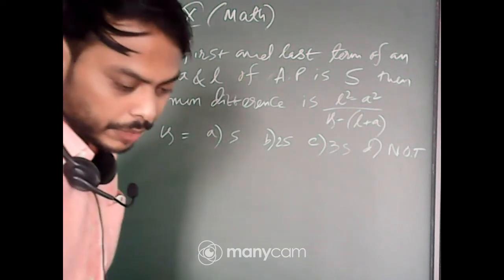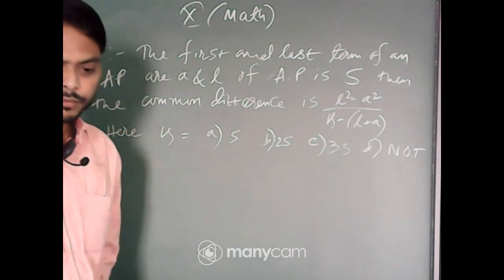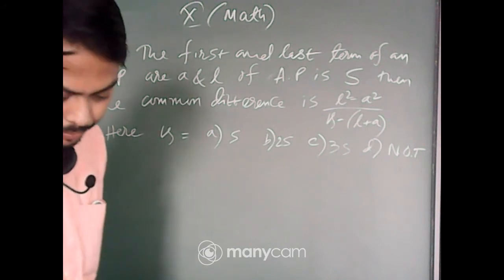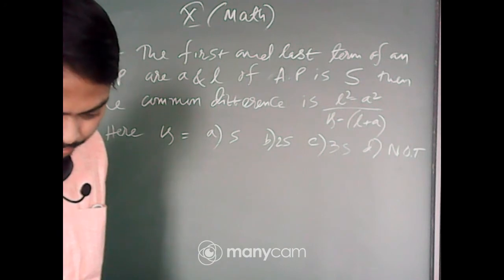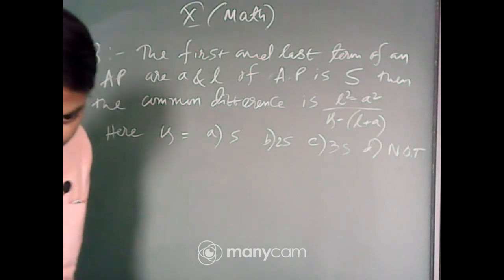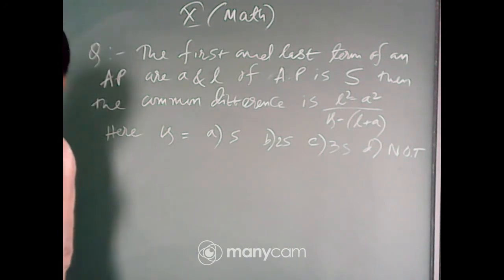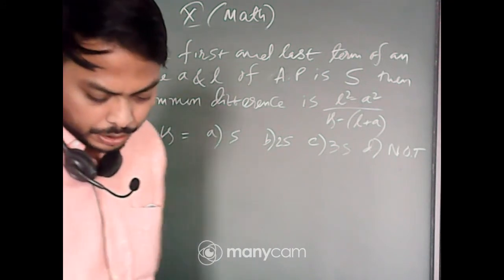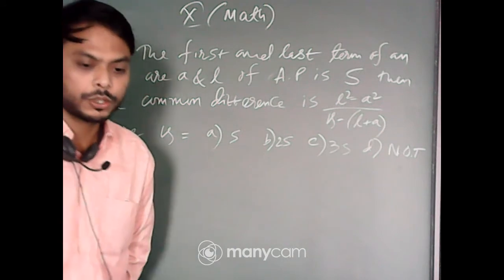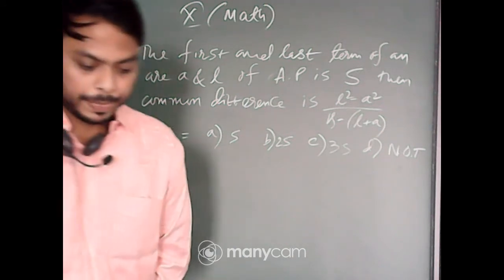Okay, thank you. Do it carefully. First term A, last term L. K equals to 2S. Ishanu is saying K equals to 2S now. That means option B you are saying, Ishanu. Option B. Okay.